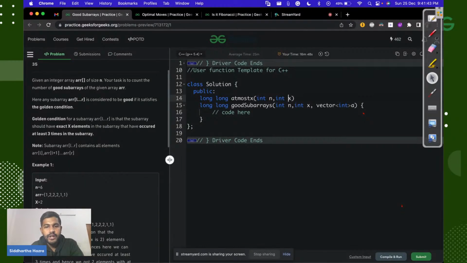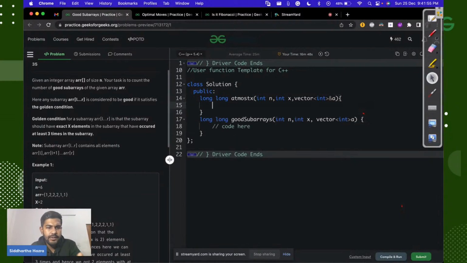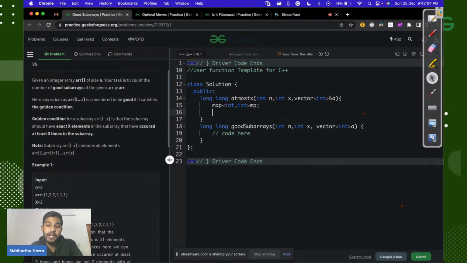So n, x, and then the vector that is already there, vector of int, which I would pass by reference. Then I would take a map of int and int to remember the occurrence.